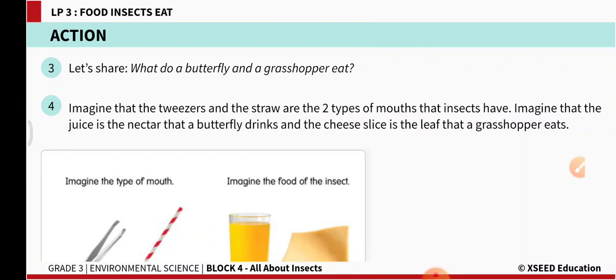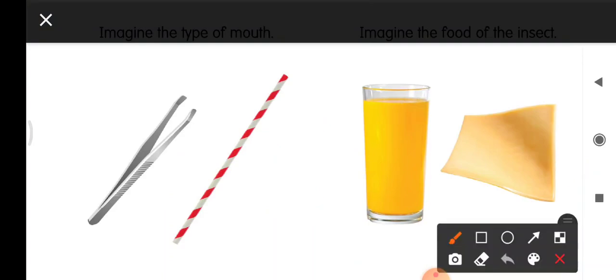Now imagine that the tweezers and the straw are 2 types of mouths that insects have. Here they are showing us tweezer and straw. So we should imagine that these are the mouths of some insects.